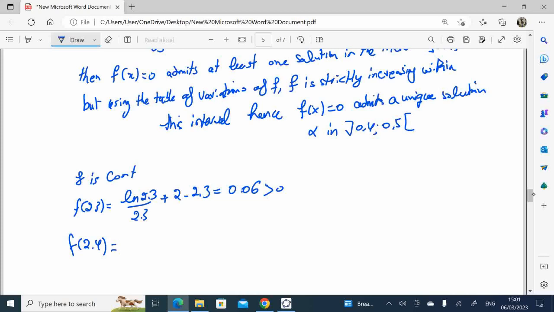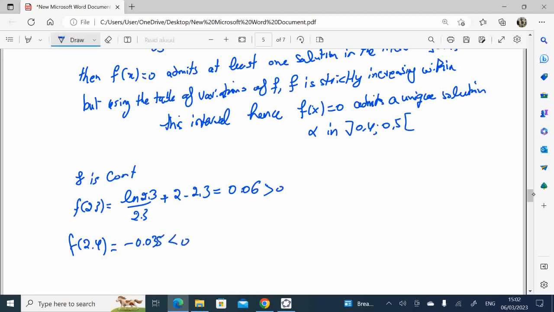If I calculate f of 2.4, it's going to be ln 2.4 divided by 2.4 plus 2 minus 2.4, which is minus 0.035, which is negative.